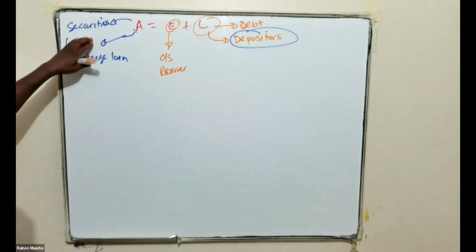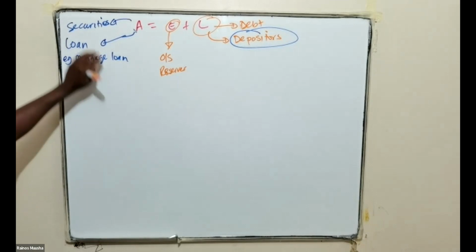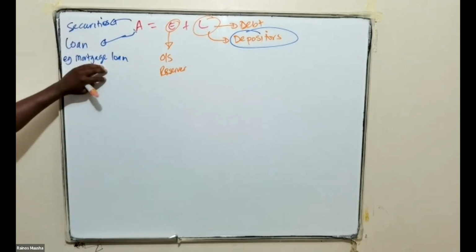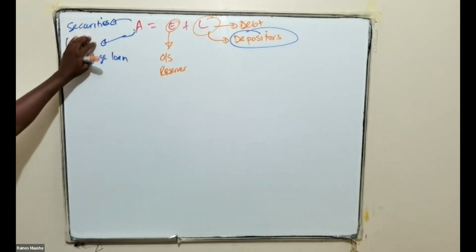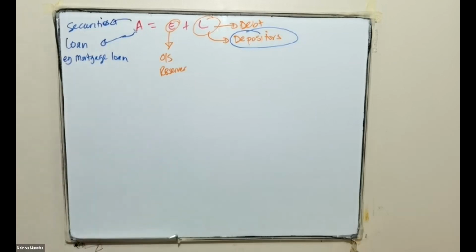So this is part of the income generating activities of the bank. To generate income, these are some of the activities that the bank is going to be pursuing for the bank, right?